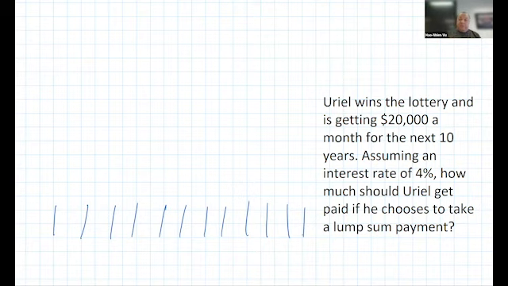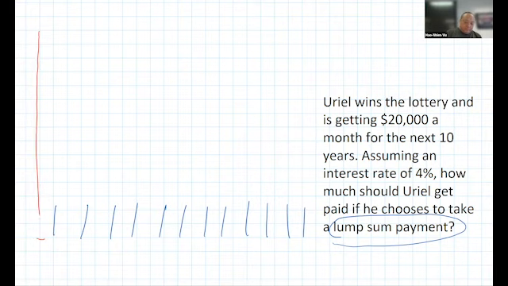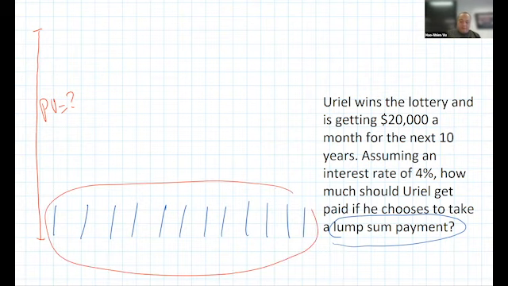For this kind of problem, it's easiest to think of it as the government owing Uriel money. We want to know how much Uriel should get paid if it were just a lump sum payment. That lump sum payment is unknown. So it's some sort of present value. But what do we do with all of these payments?